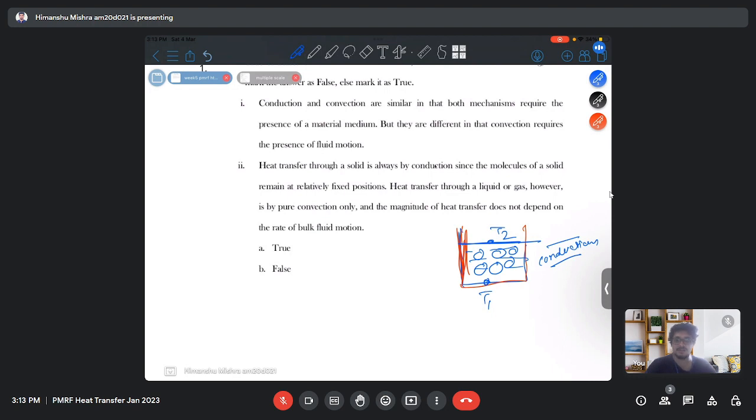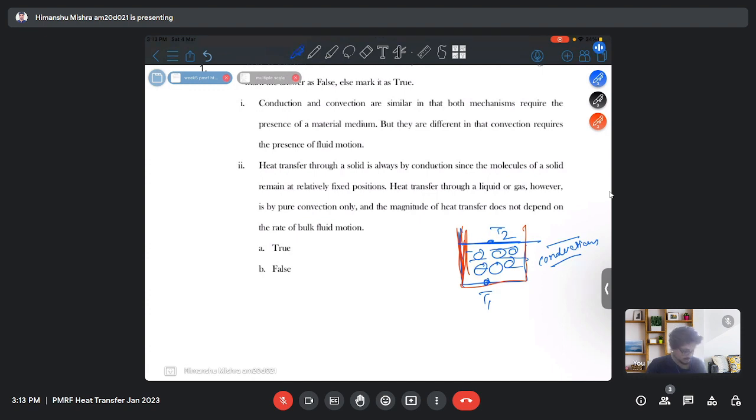The second statement is: heat transfer through a solid is always by conduction, since the molecules of a solid remain in relatively fixed positions. Heat transfer through a liquid and gas, however, is pure convection only, and the magnitude of heat transfer does not depend on the rate of bulk fluid motion. I think this is false.